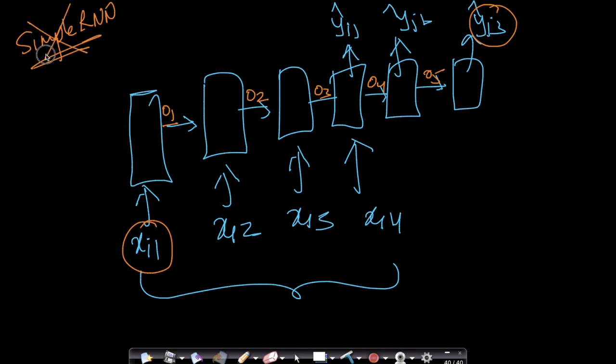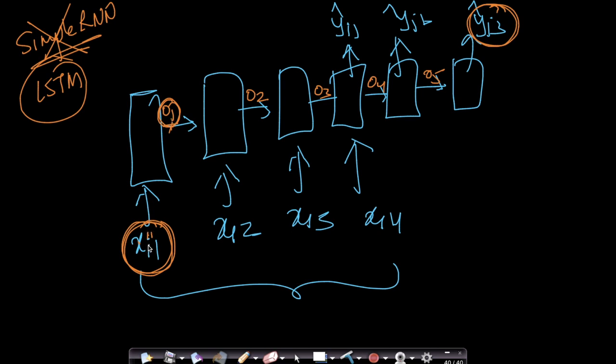Instead of simple RNNs, if each of these units were LSTM, and there was a dependency between this and this, now remember, this is very dependent on this, because they're right at the same layer, at the same timestamp, in the same iteration.